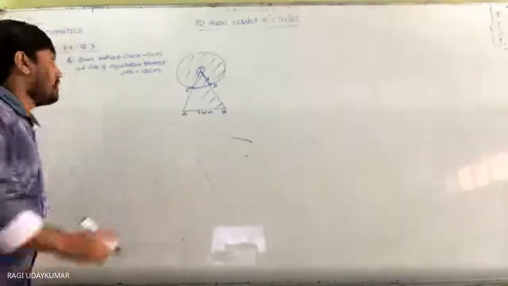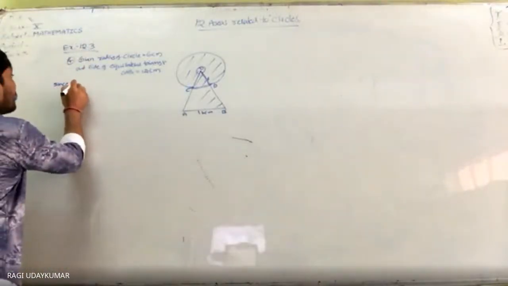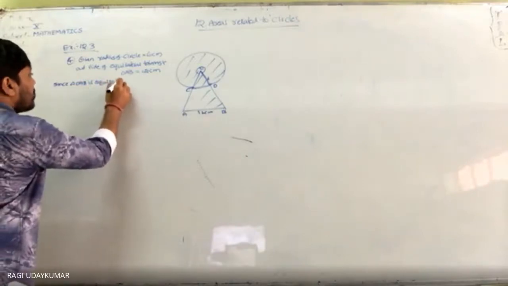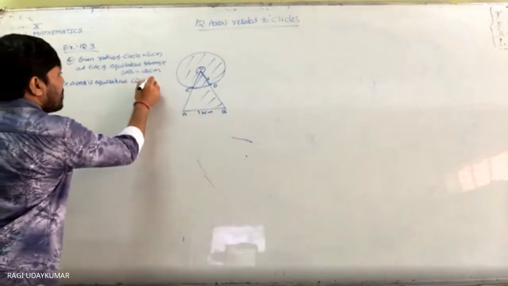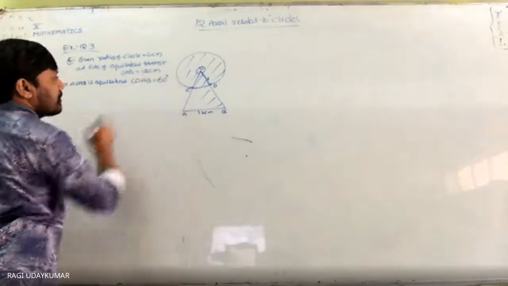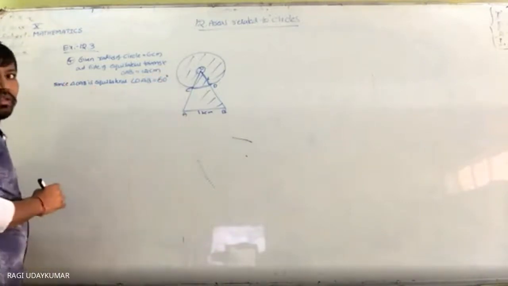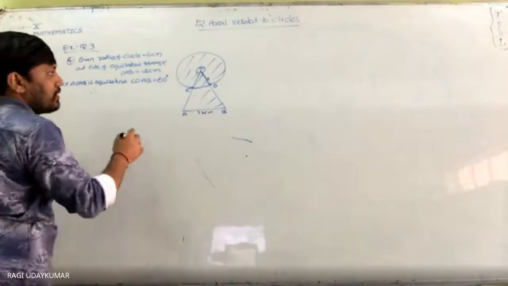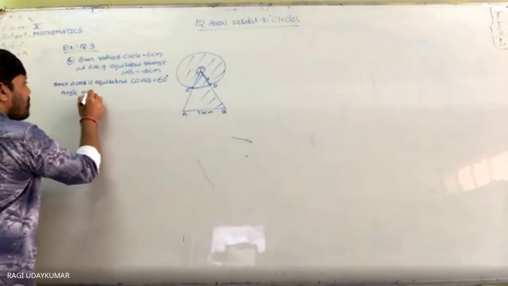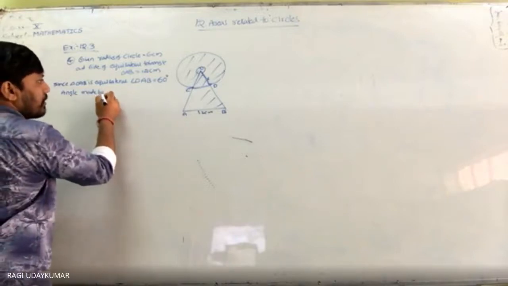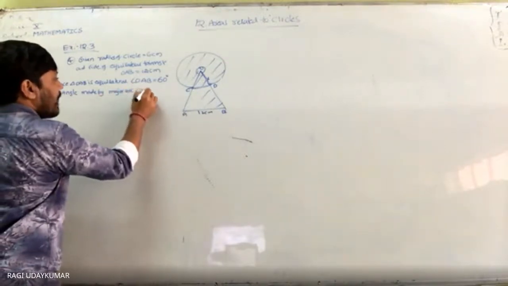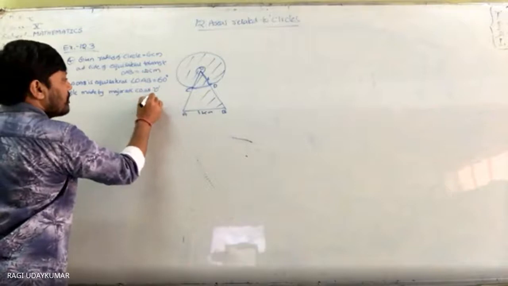So what to do here? Since triangle OAB is equilateral, angle OAB is equal to 60 degrees. Therefore, OAB you are considering here, and the angle made by the major arc CD at O is equal to 360 degrees.